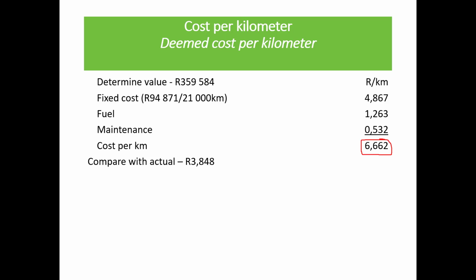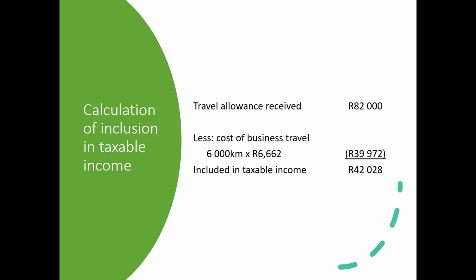So if we look then at how we are going to use this in our calculation to get to the net amount that should be included in taxable income, it will be the 82,000 relating to the travel allowance that was received, less the cost of business travel, and we have determined that that was the 6 rand, the cost per kilometer, using the deemed cost scale, which is that 6 rand 66 cents times the business kilometers traveled of 6,000.